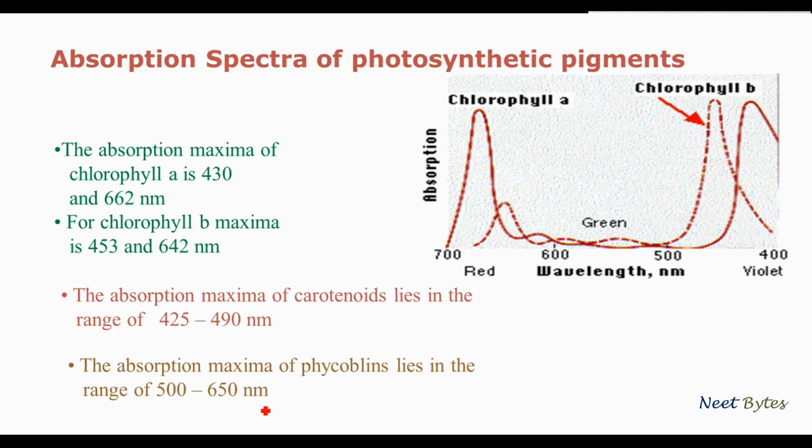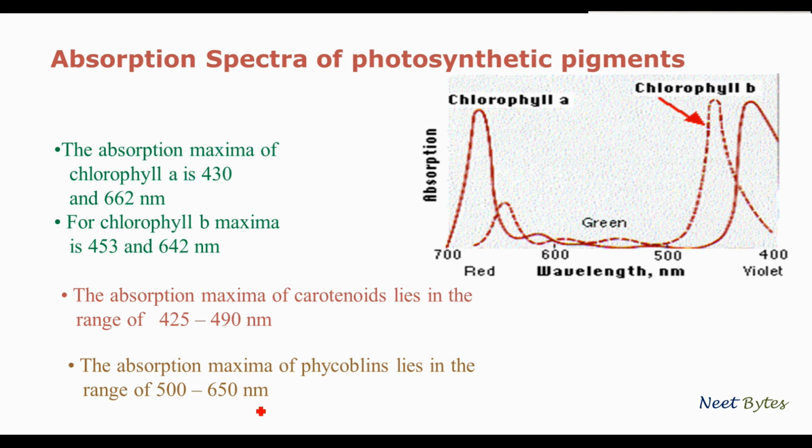In that way, you can memorize the range. But from the NEET perspective, the exact maxima for chlorophyll A and B are important, and you have to keep that in your mind, right?